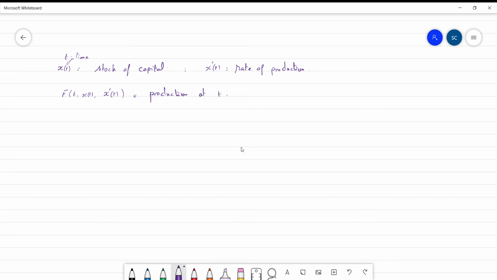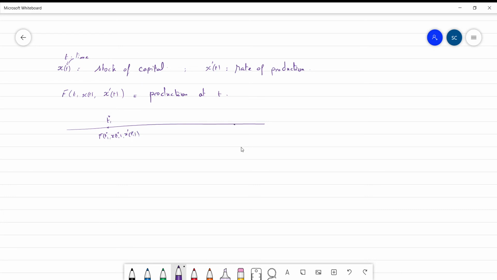Suppose at certain times, at t1 star, we have a quantity F of t1 star, x(t1 star) and x'(t1 star), and we continue like that.